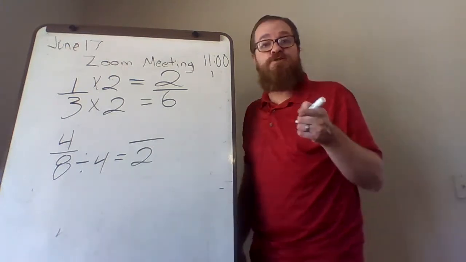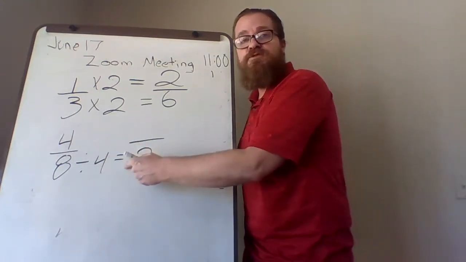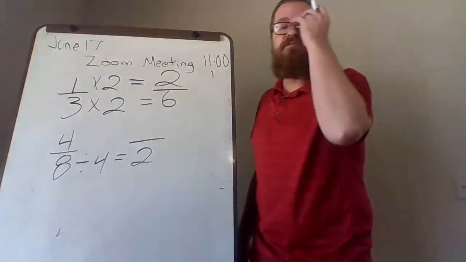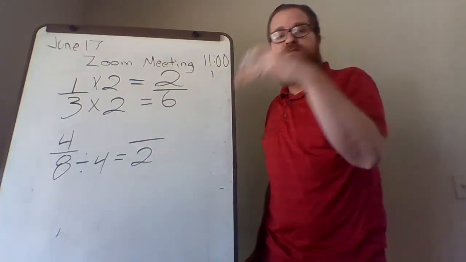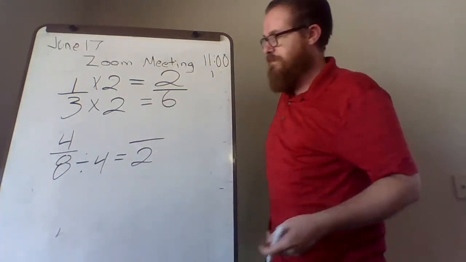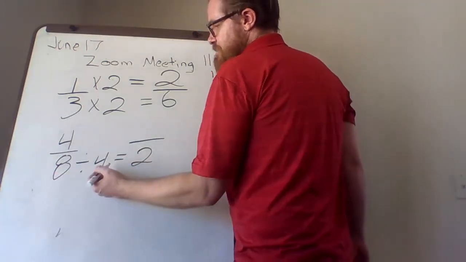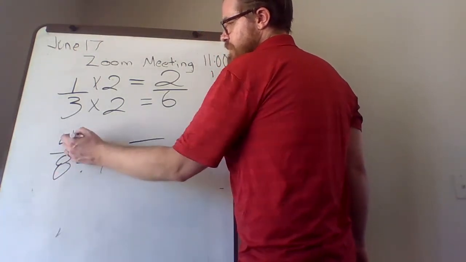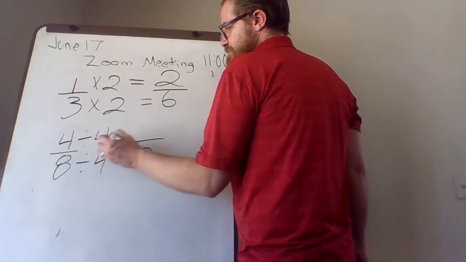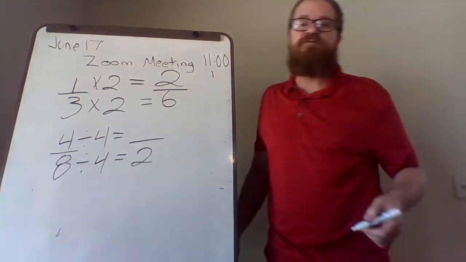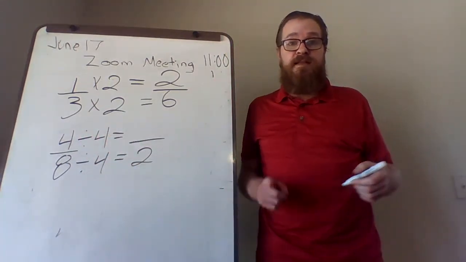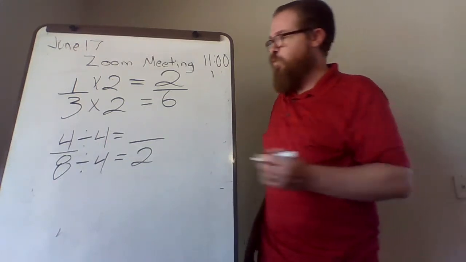Now remember, I told you you're going to hear me say this a lot. Whatever you do to the bottom, you do to the top. Whatever you do to the denominator, you have to do to the numerator, or vice versa. So if I took the denominator, 8 divided by 4, I need to take the numerator, 4 divided by 4. And what is 4 divided by 4? Do you know that? 4 divided by 4 is 1.